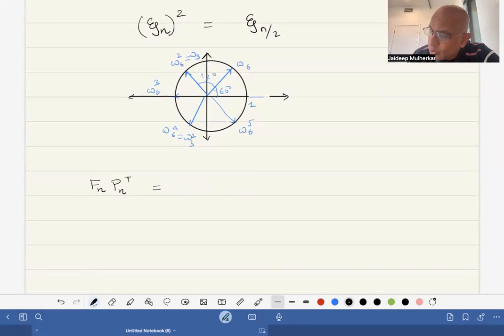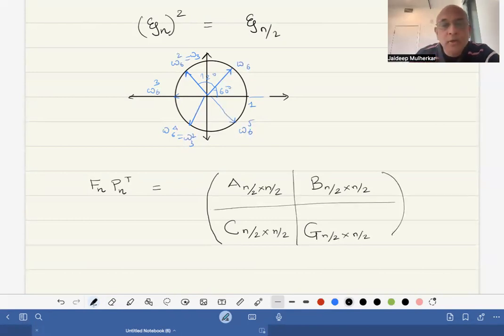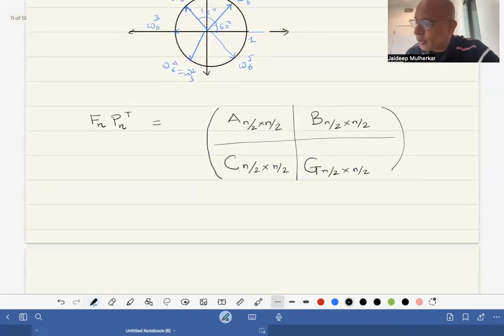So let's assume that this can be written as 4 block matrices: A, n over 2 cross n over 2, B, n over 2 cross n over 2, C, n over 2 cross n over 2, and, no, let's not write D because we need that alphabet for something else, so G, n over 2 cross n over 2, right? So let's assume that once we have exchanged the columns, we can write the Fourier matrix as this block matrix.